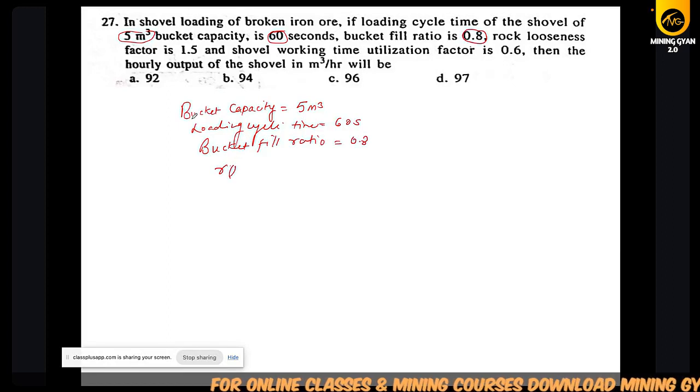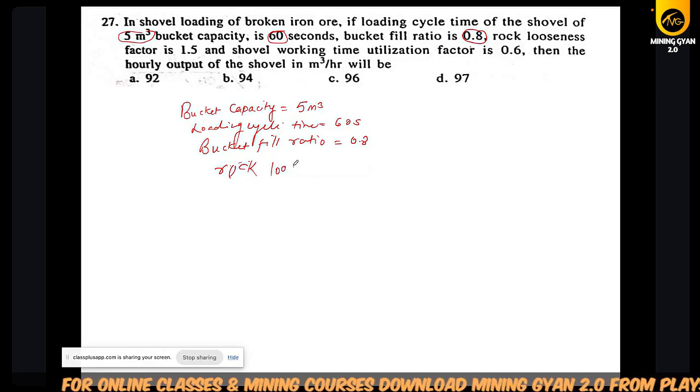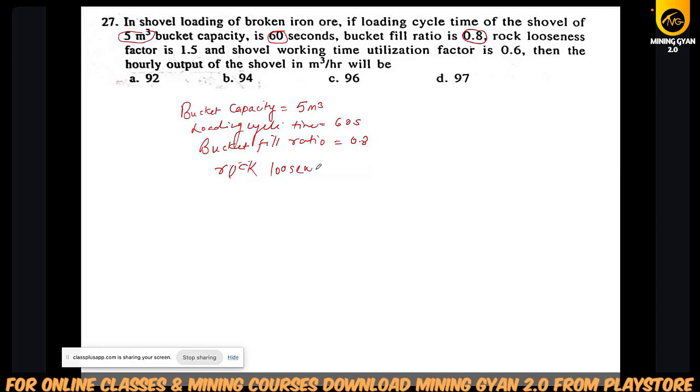Rock looseness factor. Are you familiar with this terminology? Looseness, bucket filling factor. Suppose this is the bucket of your shovel. When you fill it, you cannot fill with 100%.